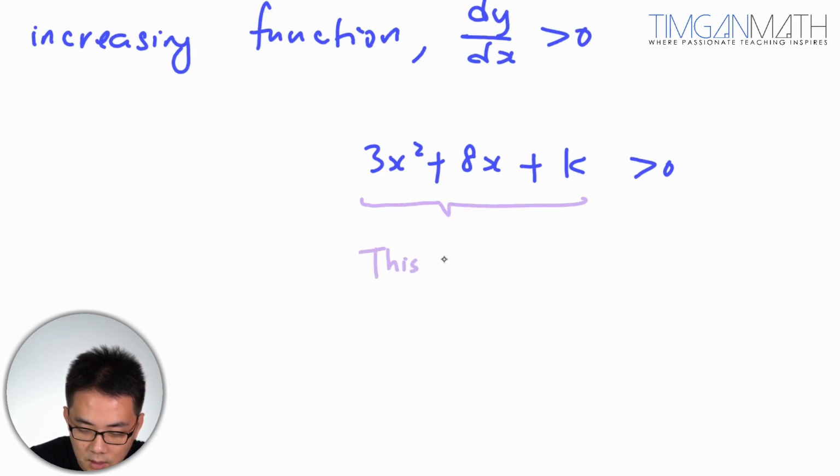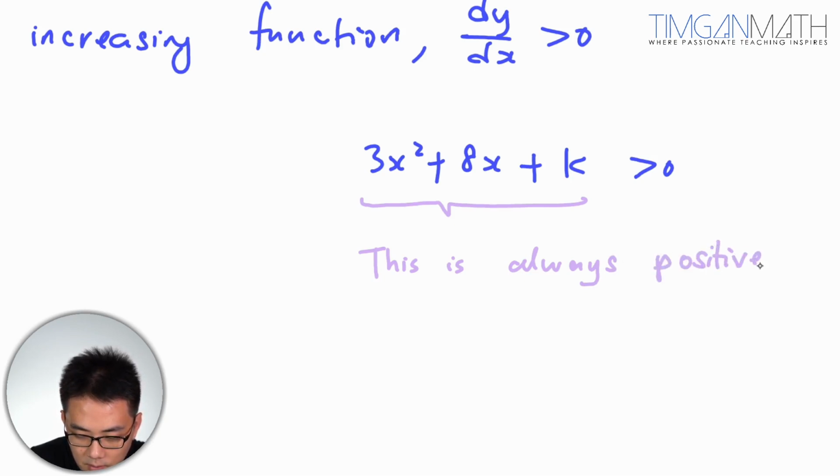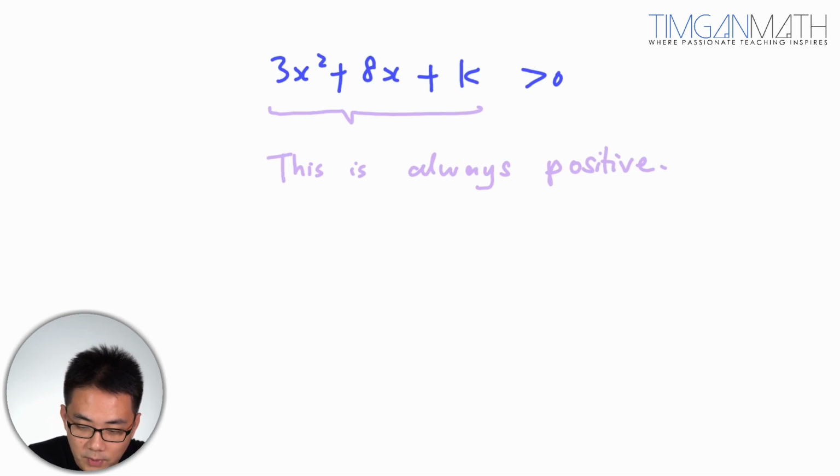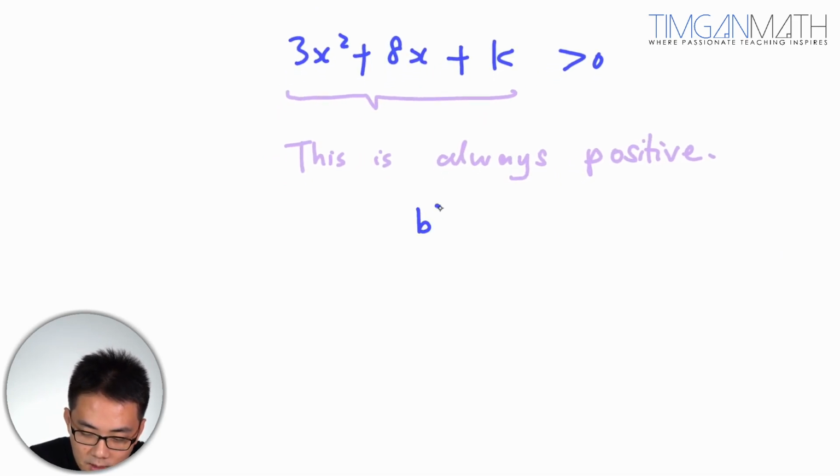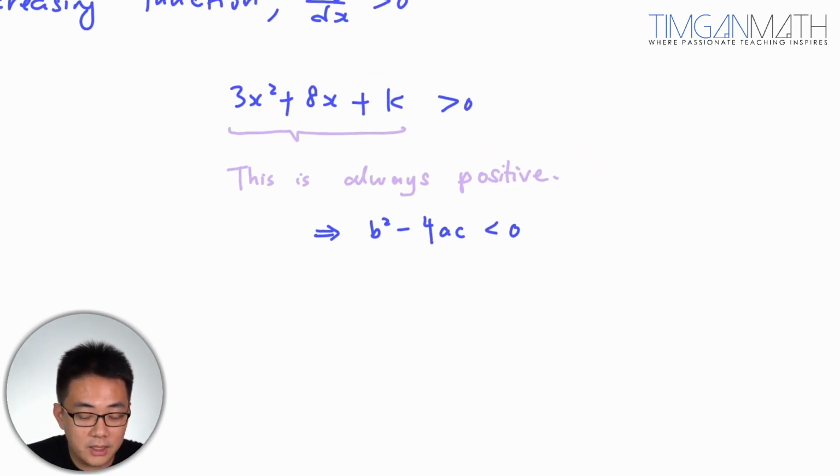If this is always positive, what you need to know is that b squared minus 4ac is less than 0. The discriminant is less than 0, and a is bigger than 0. This a is already bigger than 0.